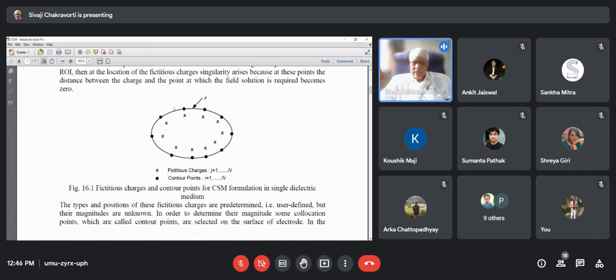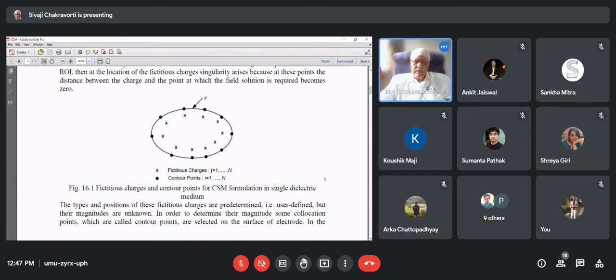And how is the image charge defined? Its magnitude will be equal and opposite to the actual charge, and its location will be exactly the same depth as the height of the actual charge from the surface.